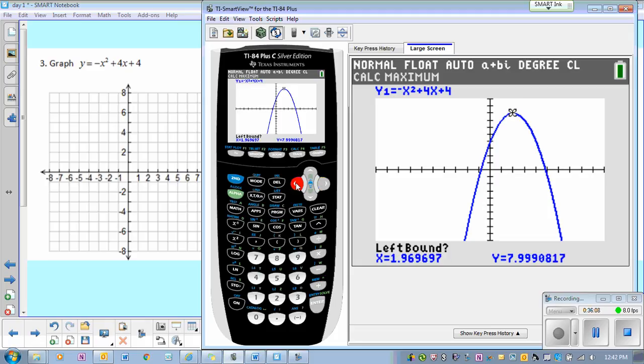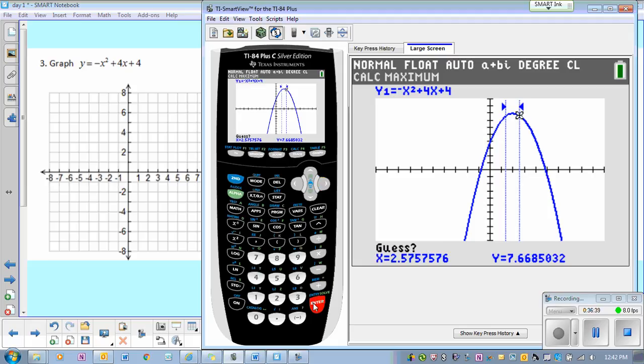You have to tell the calculator the left boundary, where the left starts. So go to your max and then hit the left arrow, 3 or 4 times, then hit enter. For the right bound, go back to your maximum and hit the right arrow 3 or 4 times.